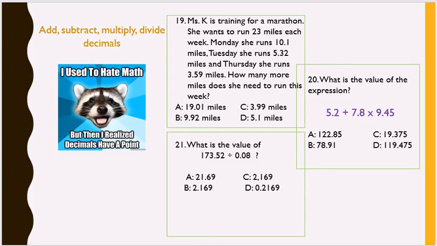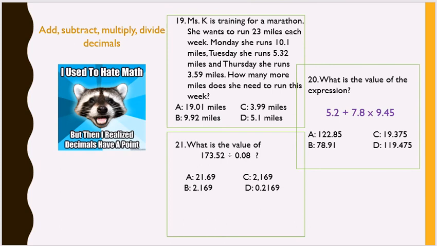All right, numbers 19, 20, and 21. Number 19, Miss K is training for a marathon. She wants to run 23 miles each week. Monday, she runs 10.1 miles. Tuesday, she runs 5.32 miles.